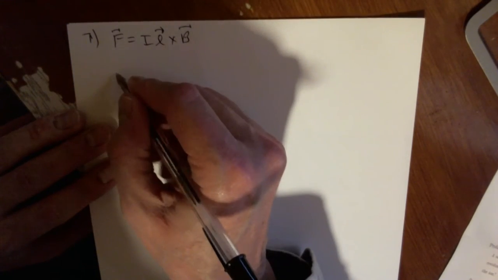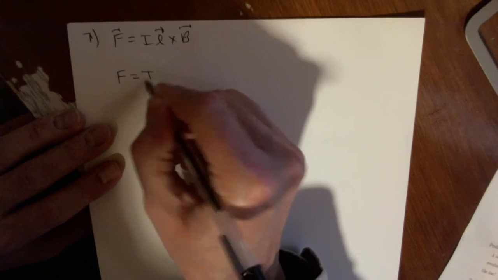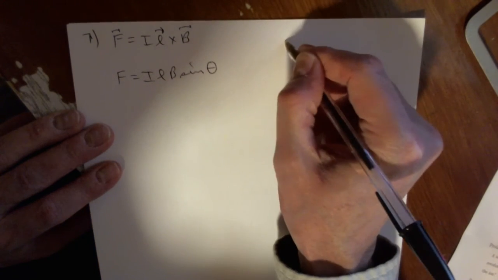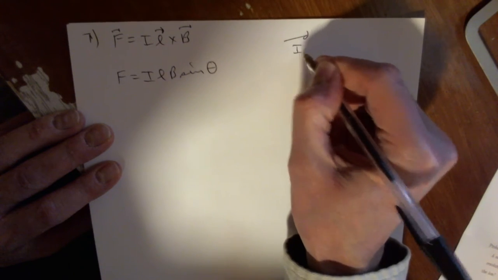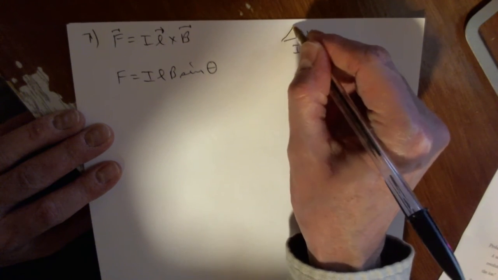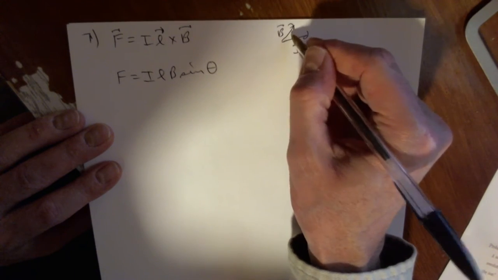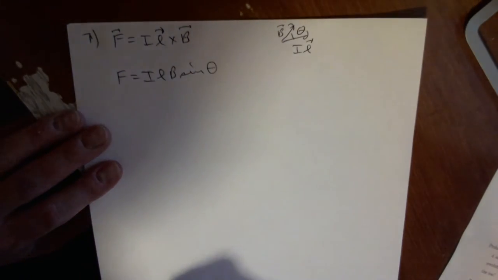And the magnitude is ILB sine theta, where theta is the angle between the first vector and the second, as is always the case with the magnitude of a cross product.